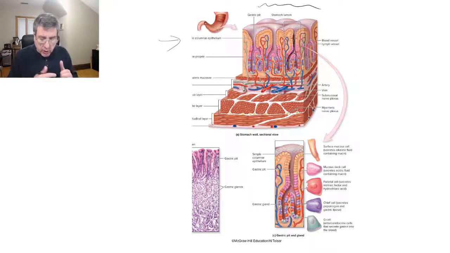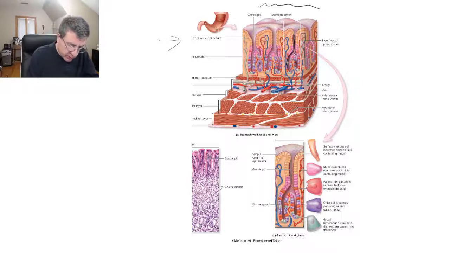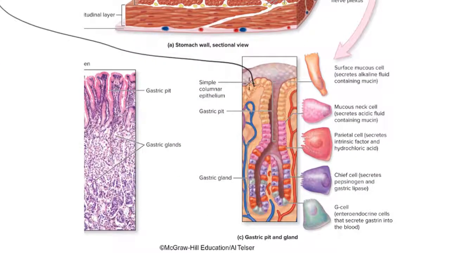So now let's start at the more surface area, the luminal side. The first cell type is going to be a surface mucus cell. So let's do number 1. The surface mucus cell is going to be the orange lining in here.